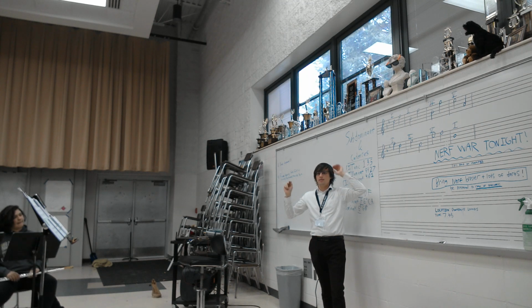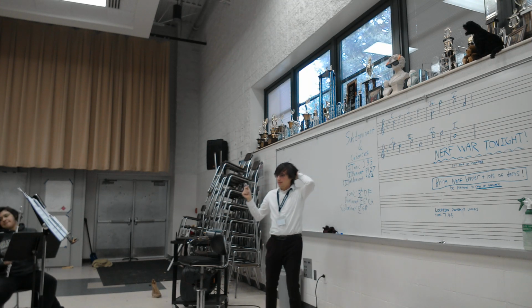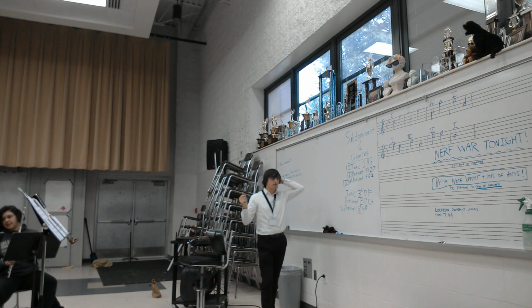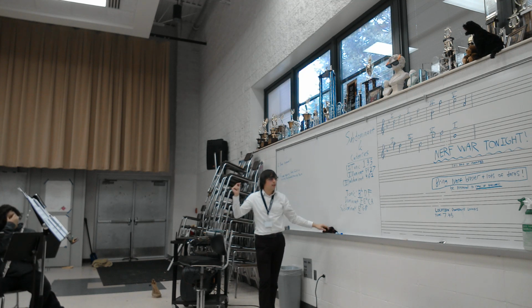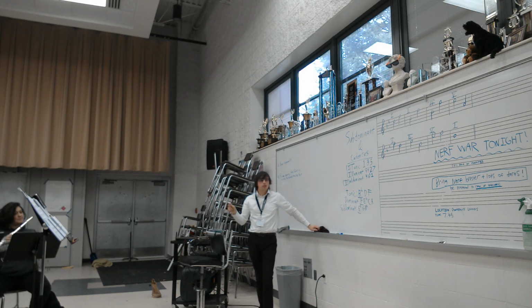Let's do that one more time. Transposing instruments need to transpose. Clarinets, you'll start on a G. Bari sax, you'll start on a D natural. 1, 2, 1, 2, ready, and.